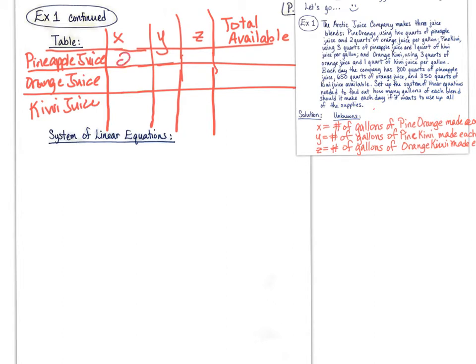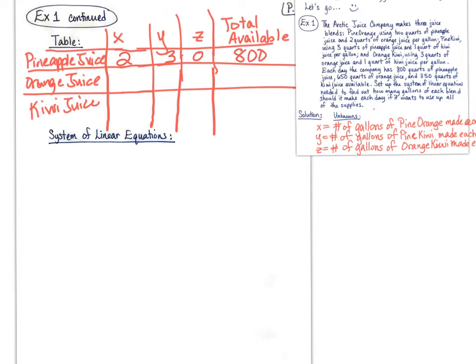Good. For our pine kiwi, how much pineapple juice? 3. Good. What is Z? 0. Good. Total available for pineapple juice? 800. Good. Okay, so that's what we have.